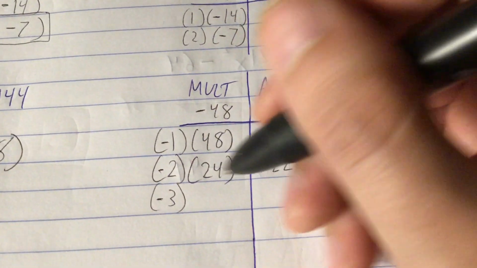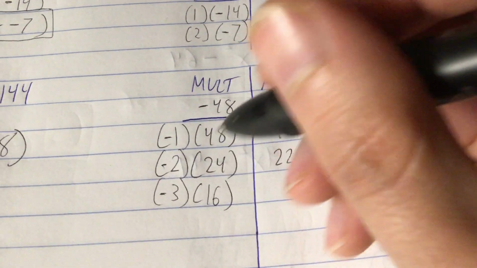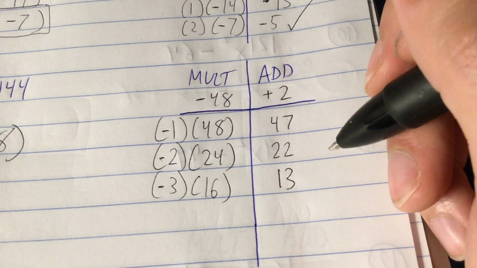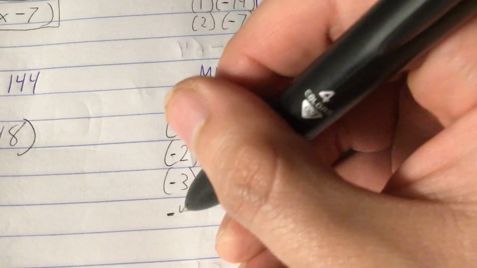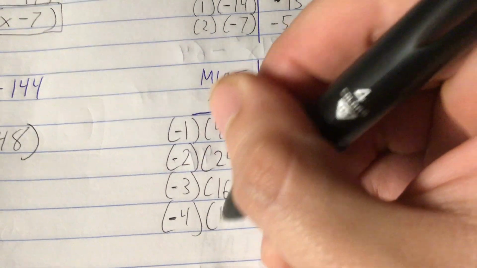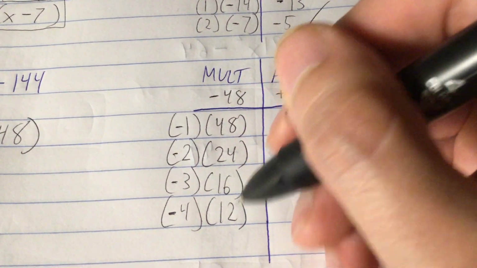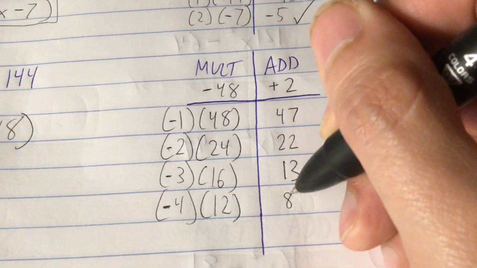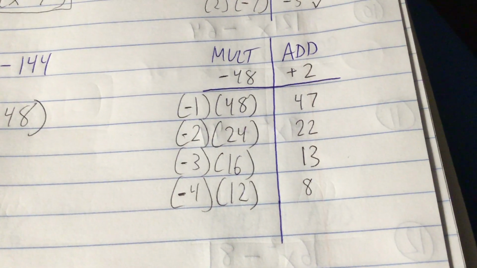Negative 3 times positive 16 goes into negative 48, but they add together to form positive 13. Can I divide by 4? Yeah. Negative 4, positive 12. Negative 4 times positive 12 is negative 48, but negative 4 plus 12 is positive 8. Getting closer.